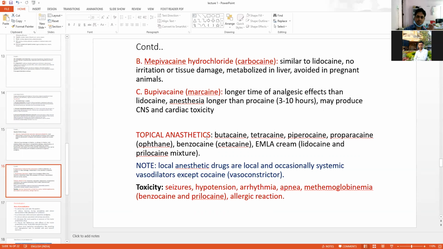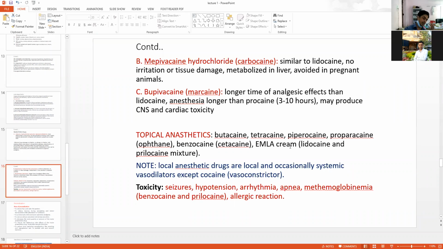Administration of the catheter will be easy, and after removal of the catheter, the animal will not show any type of pain. So at least you should remember the names of the topical anesthetics, like bupivacaine, tetracaine.